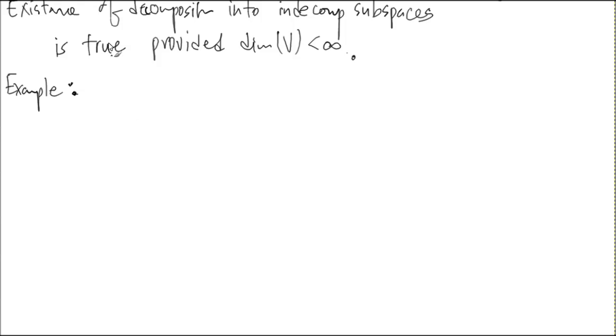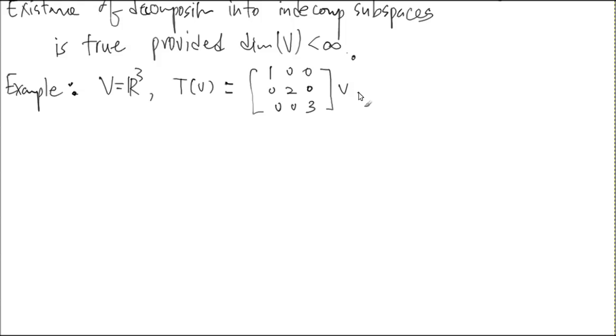Column vector is our source of example most of the time. The V is R3. And T is given by this matrix: 1, 0, 0, 0, 2, 0, 0, 0, 3. This is a very special matrix so that you see things clearly.